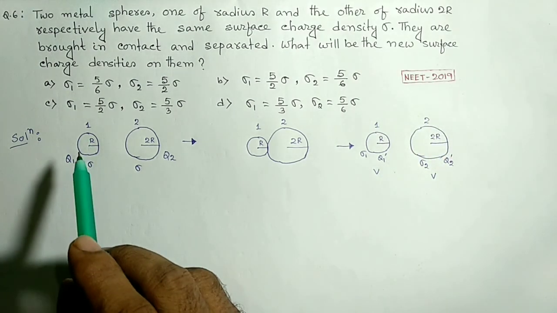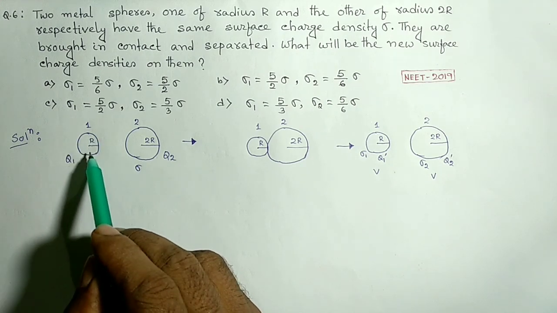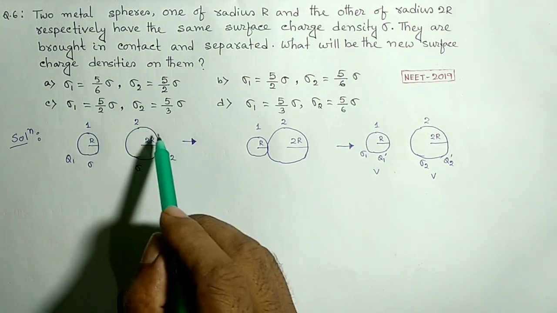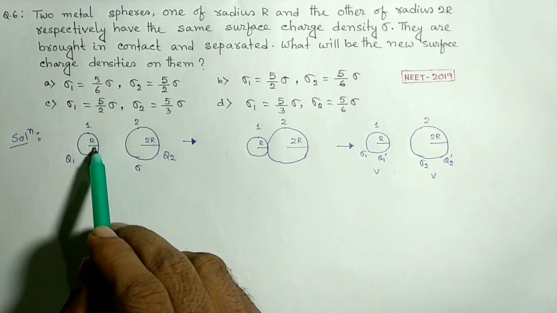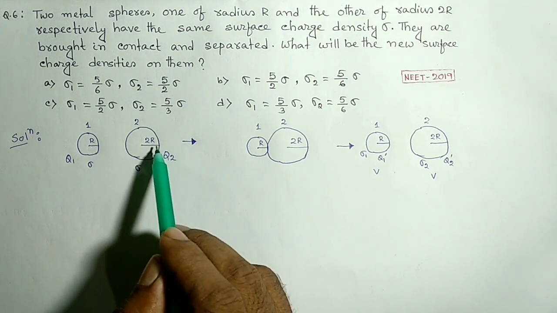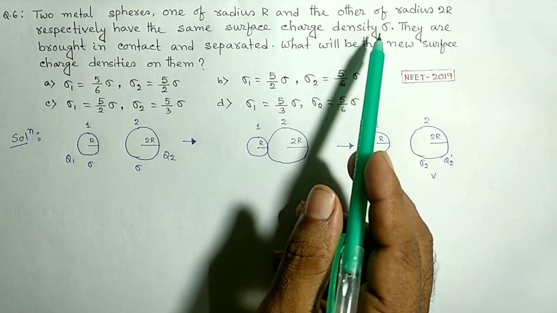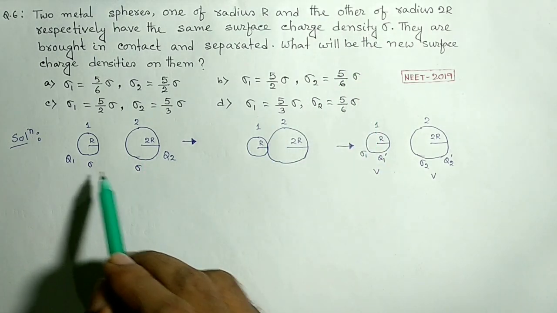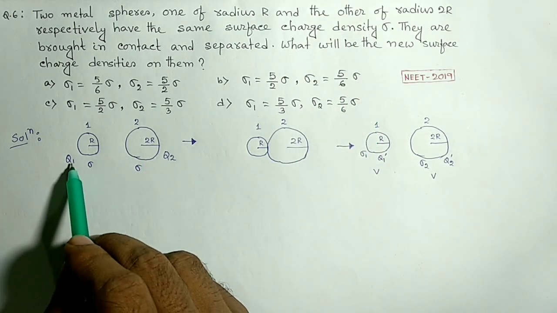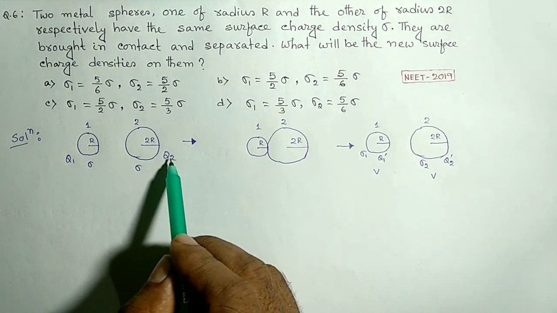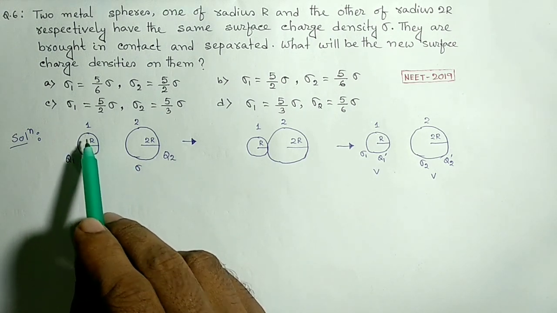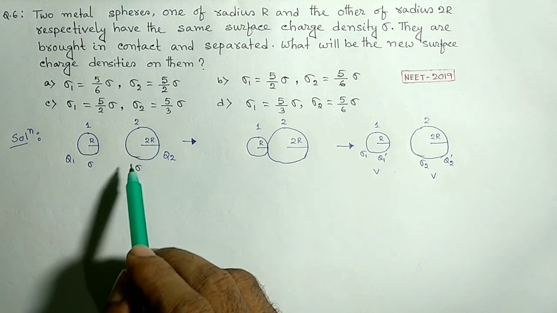Solution. Suppose this is the first sphere and this is the second sphere. Radius is r, and its radius is 2r. Initially, they have the same surface charge density, so it is sigma. Now Q1 and Q2 are the charges on sphere 1 and sphere 2, let us assume.